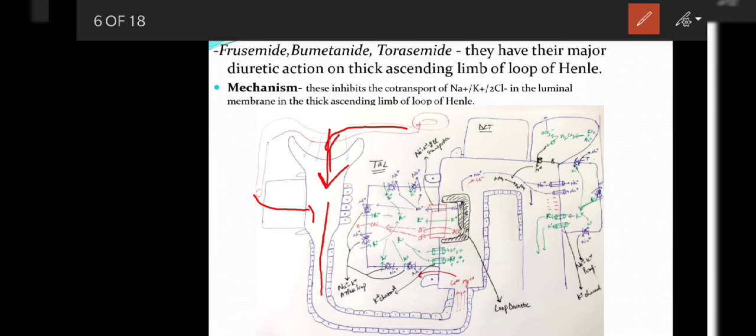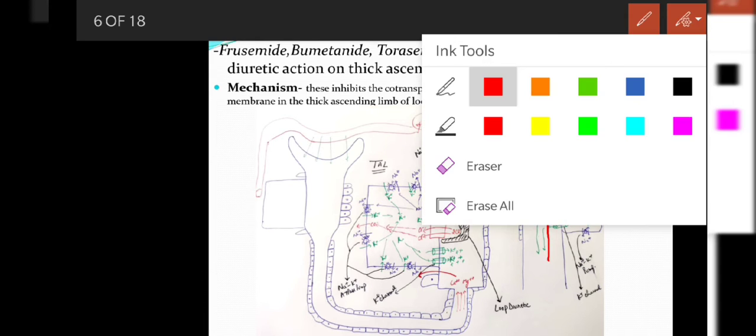It travels through the lumen and reaches the thick ascending limb of loop of Henle, and it binds to the special co-transporter, that is the sodium potassium 2 chloride ion transporter, and it inhibits the transport of sodium, potassium, and chloride ions, due to which there will be less hyperosmolarity here, and the urine will become less dilute due to the ions.